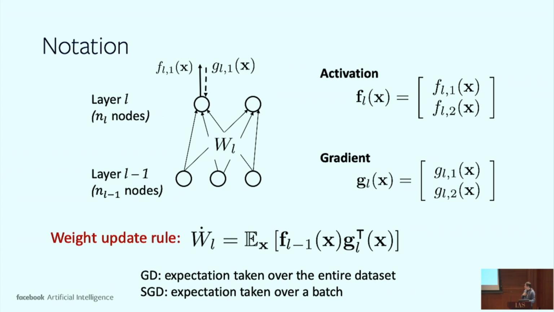It's basically the outer product between the activation of the lower layer, layer L minus 1, and the gradient that is sent from the top layer, and then you take expectation with respect to x. For gradient descent, this expectation is taken over the entire data set, and for stochastic gradient descent, the expectation is taken over one batch.